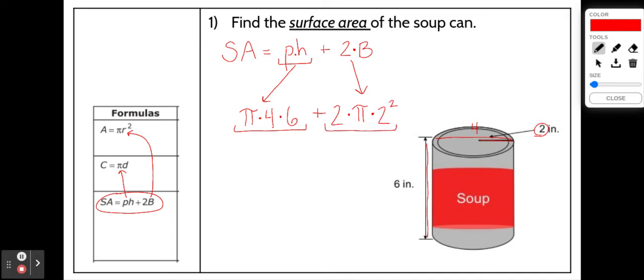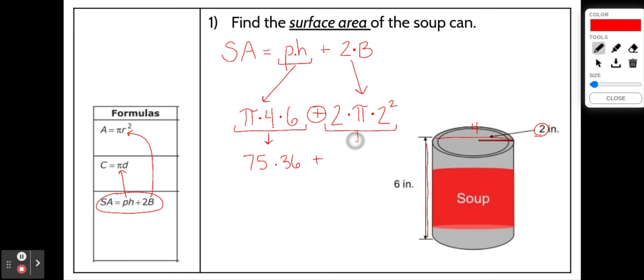Okay, so now we have to follow order of operations. The addition step happens last. We want to do all of the multiplication and add last. So in our calculator, we can go ahead and take pi, 3.14, times 4 times 6, and that's going to give us 75.36.